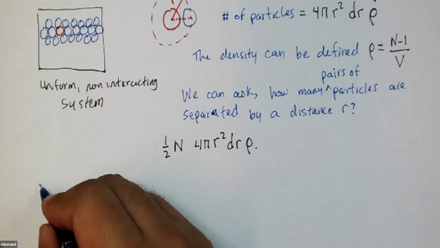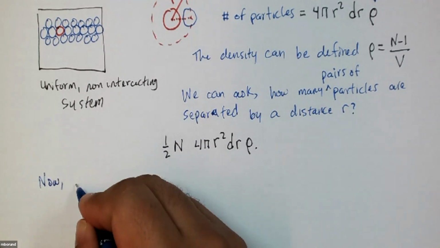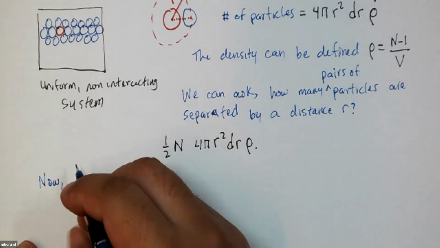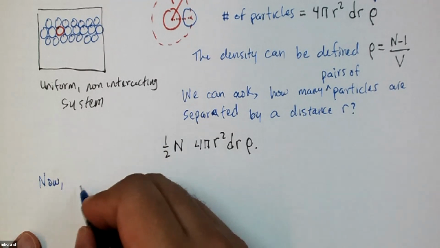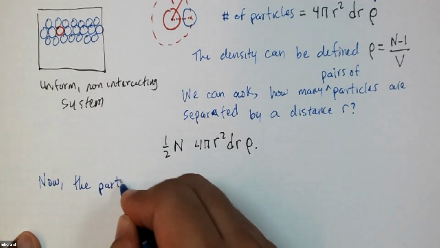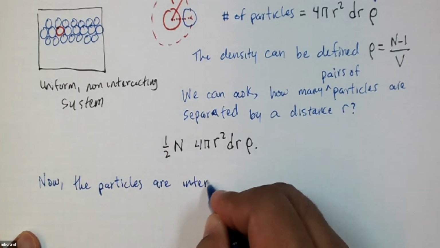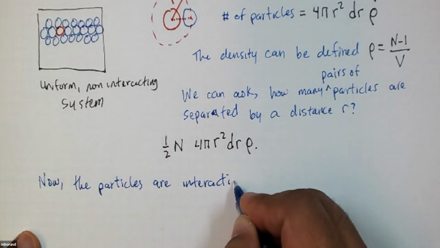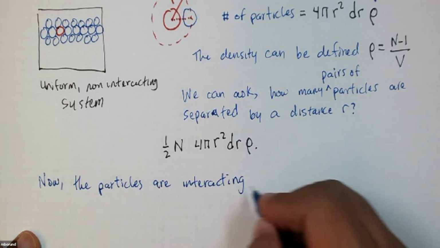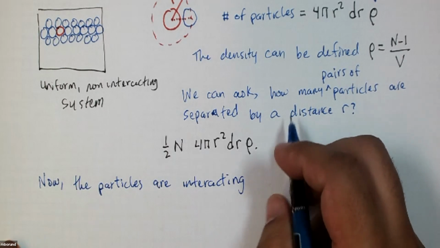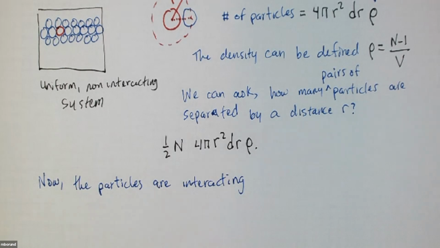All right, now, what if things get interesting and the particles are interacting? When a system is interacting, that's when things become interesting because new behavior comes out.